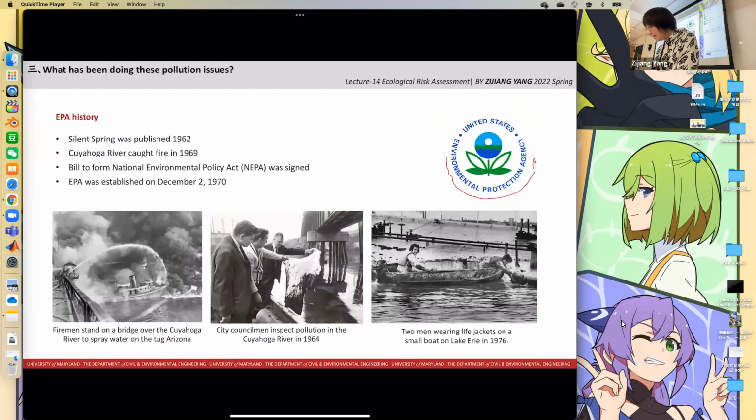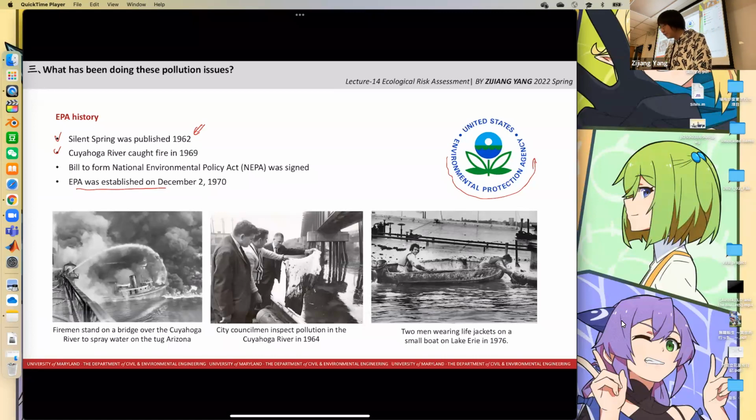As mentioned last week, we have different environmental pollution events, like because of DDT, and we also have other events like the fire on the Cuyahoga River. Because of these very bad environmental pollution events, the EPA was established in the winter of 1970.